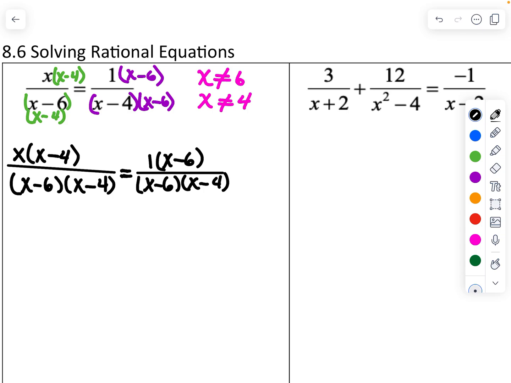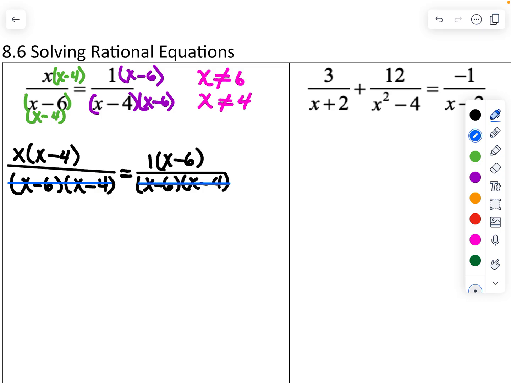I could show you why. It would take a long time, but I would be happy to do that with you individually. But here's what you need to know. You just have to trust that now that the denominators are the same and you have an equal sign, the denominators are no longer in the problem.